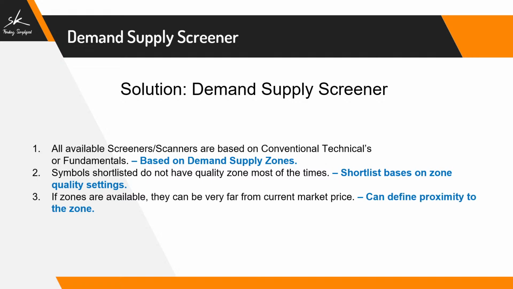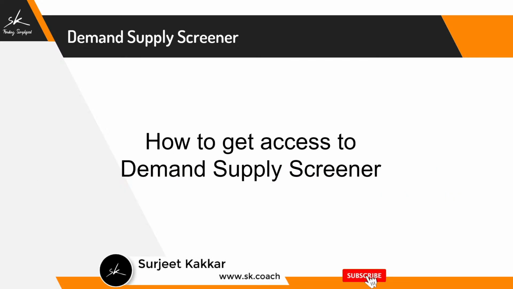And talking about the current market price being really far away from the zone, in the screener you can define your proximity, how close you should be to the zone before it gets shortlisted for you. So all these three challenges which you face with screeners based on conventional technical analysis or fundamental analysis get taken care of.